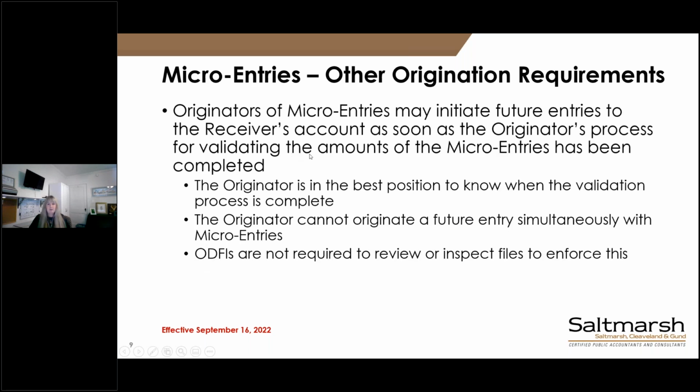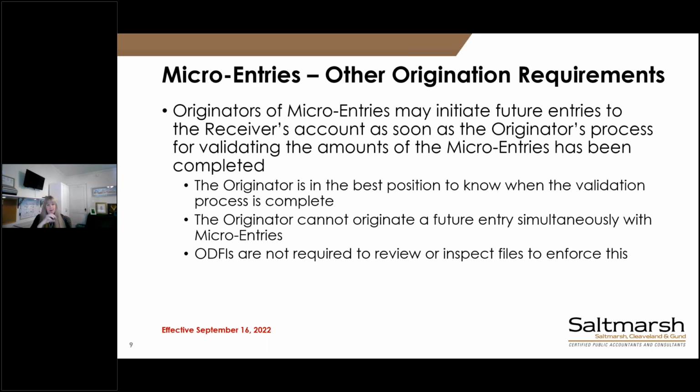Also, originators of micro-entries may initiate future entries to the receiver's account as soon as the originator's process for validating the amounts of the micro-entries has been completed. Obviously there's going to be a little bit of back and forth between the originator and the receiver. Everybody's process is a little bit different, but when the originator sends the entries, the receiver should have been instructed on what they have to do to validate the credits that are coming in, validate the amounts, whatever it is.